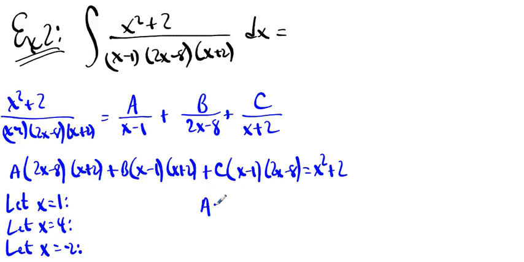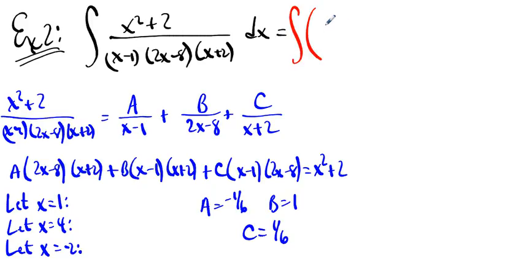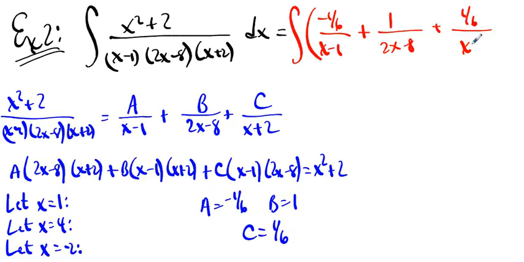Hopefully you figured out that a is negative 1/6 and b is 1 and c is 1/6. And the upshot of that is that I can do these three integrals. I don't know how to do this, but I know how to do this, I know how to do this, I know how to do that.